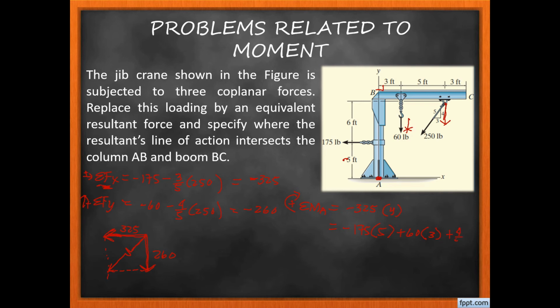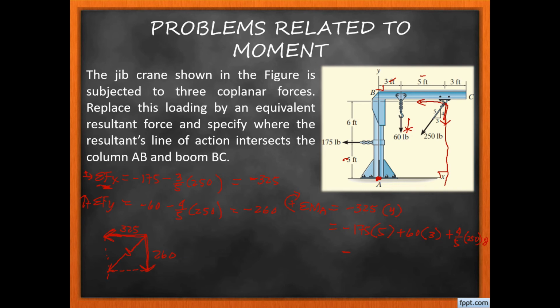over 5 multiplied by 250, times our moment arm. So from this point A up to the point opposite it, we will have 90 degrees there. So that is 3 plus 5, so times 8. Okay, and then its component along X. So we have counterclockwise, so we have minus.